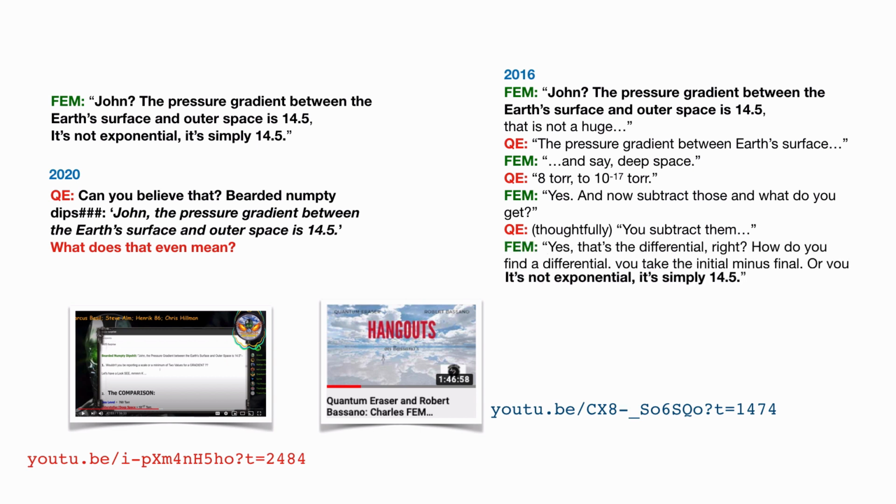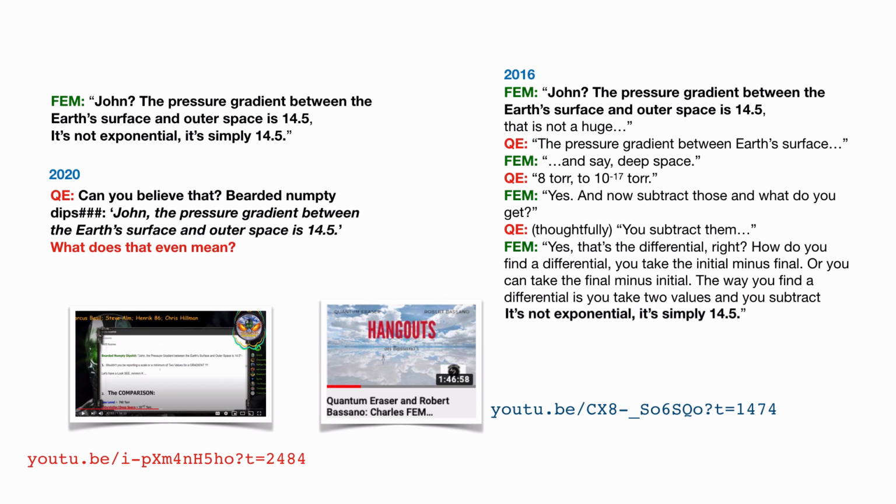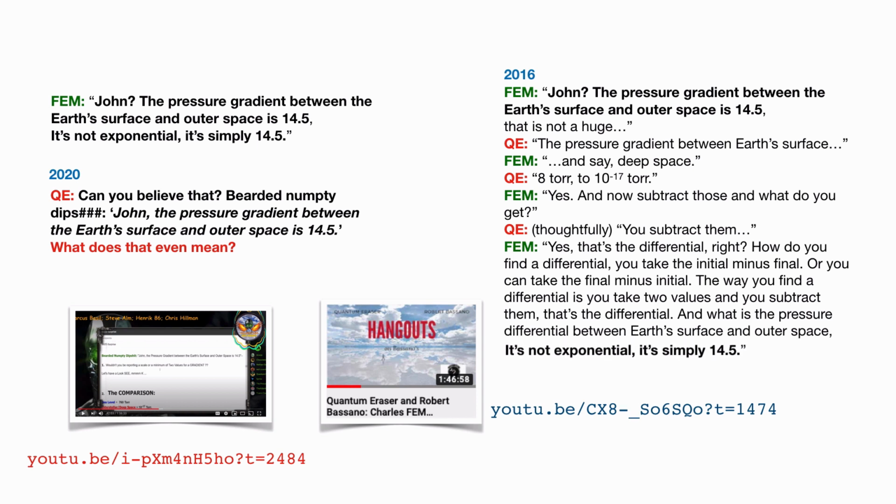How do you find a differential? You take it, initial minus, minus final, or you could take final minus initial. The way you find a differential is you take two values and you subtract them. That's the differential. And what is the pressure differential between Earth's surface and outer space? It's 14.5. It's not exponential.